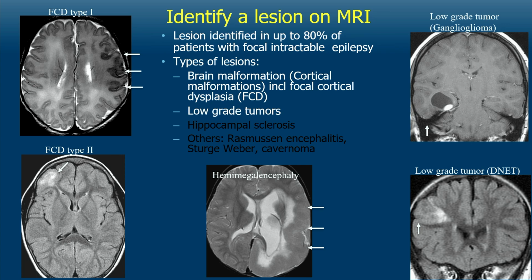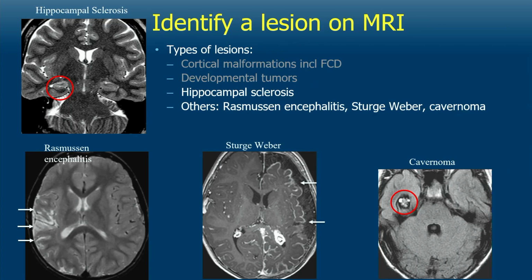The other lesion that is common is low-grade tumors. Other lesions are less common, such as hippocampal sclerosis, Rasmussen encephalitis, which is an inflammatory disorder that affects one side of the brain, cavernoma, which is a vascular lesion, and Sturge-Weber syndrome, which is a congenital anomaly that usually affects one side of the brain.